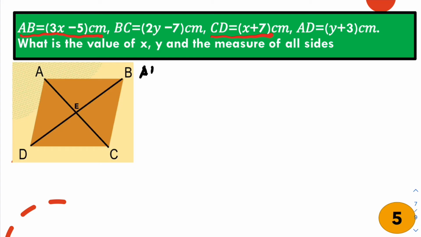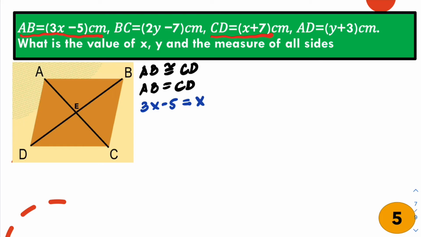Therefore, AB is congruent to CD. If we say congruent, AB is equal to CD. Now, what is AB? We have 3x minus 5 is equal to CD.